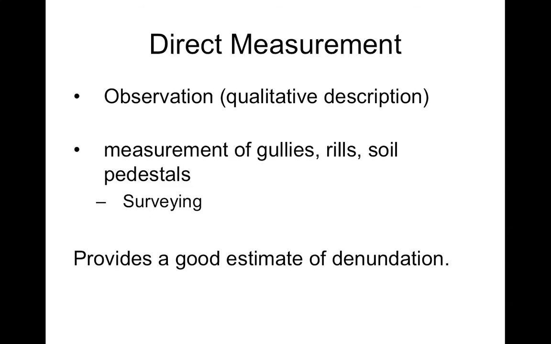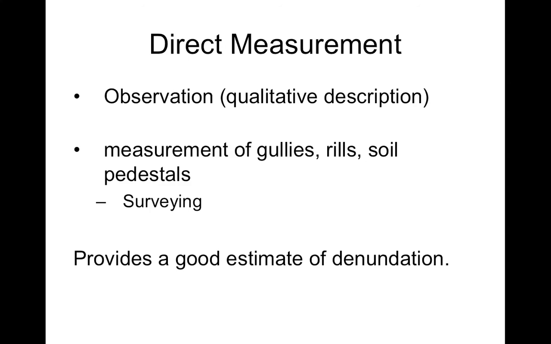So observation. They provide us with sort of qualitative descriptions. We can look at a site and say, oh, I see a rill, or I see a gully, or I see a soil pedestal where the rock's sitting on top of it, or I can see exposed roots in a tree. So in the lifetime of that tree, there must have been some erosion going on.